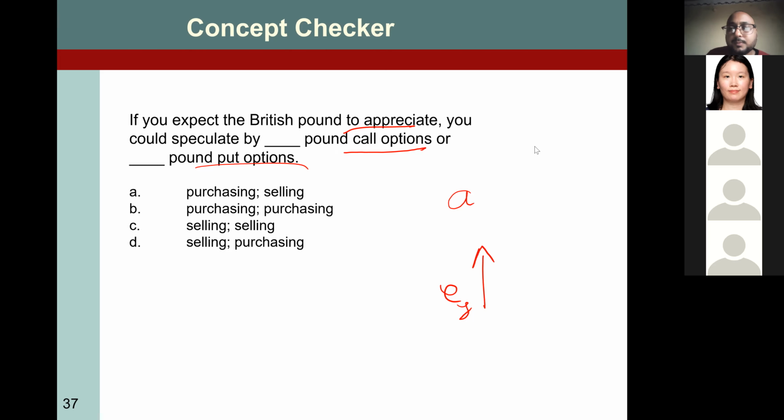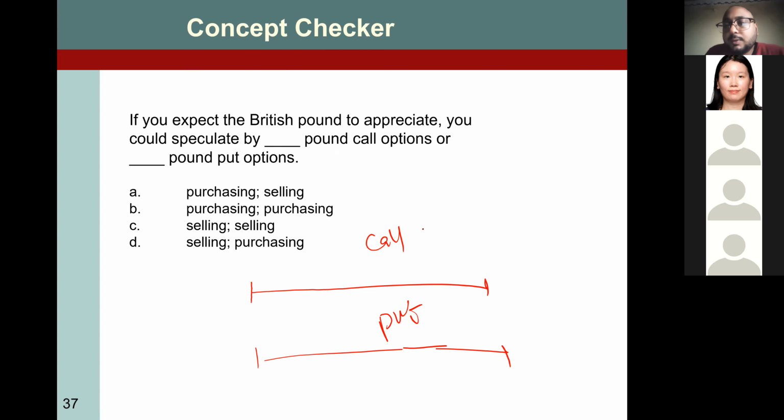Let's do this together. If you expect that the British pound will appreciate, you buy call option. When you buy call option, what will happen? For example, British pound right now, the exercise price is 1.50.